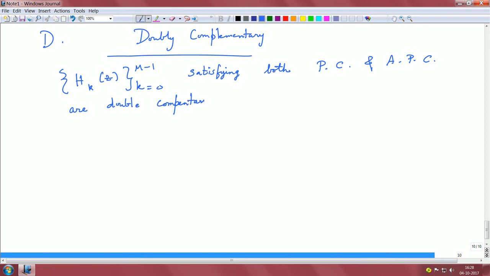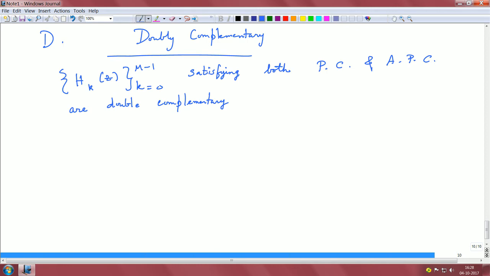So, it is double complementary if it satisfies both power complementary and all pass complementary.